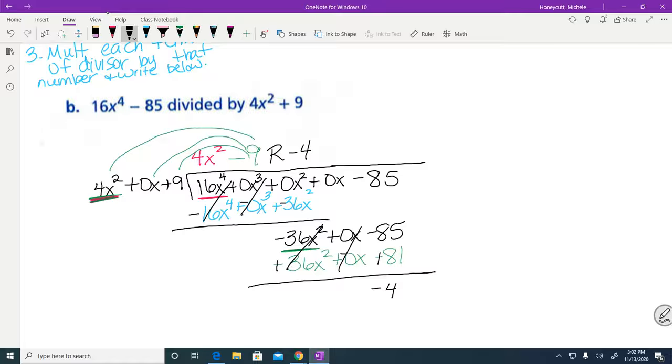So a couple ways I can write my answer. My quotient, or my solution here, I can write it as 4x squared minus 9 with a remainder of negative 4.